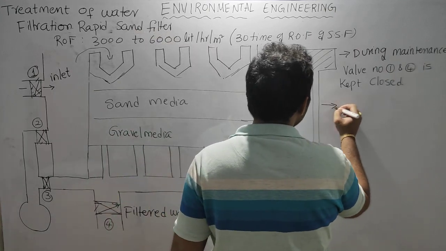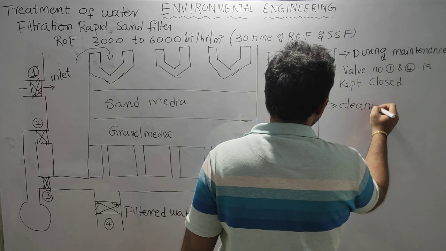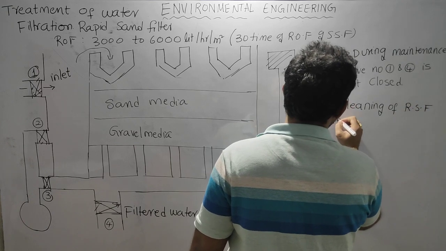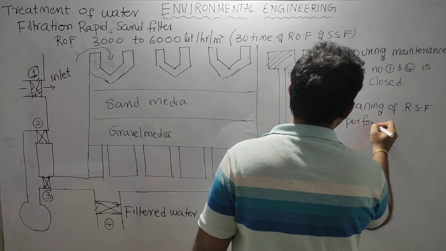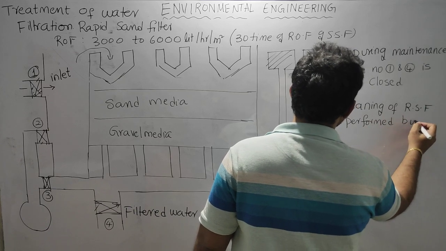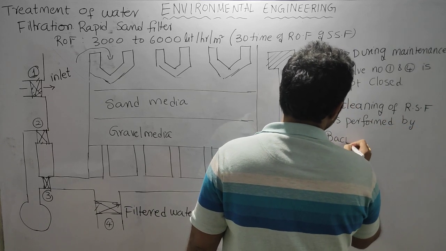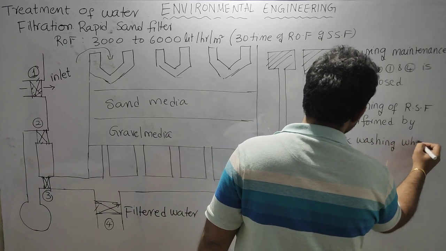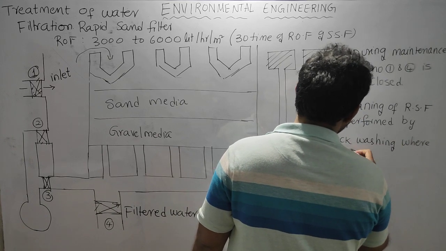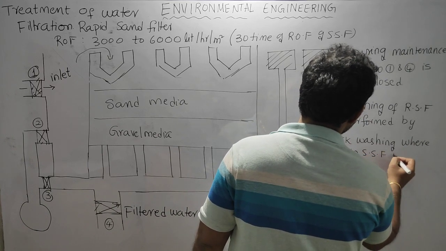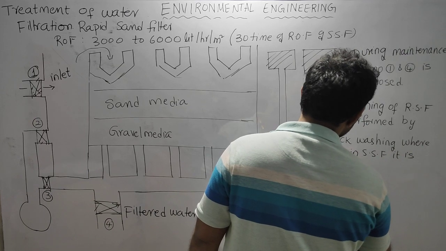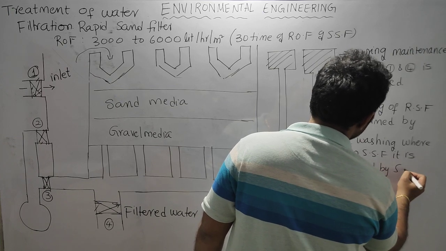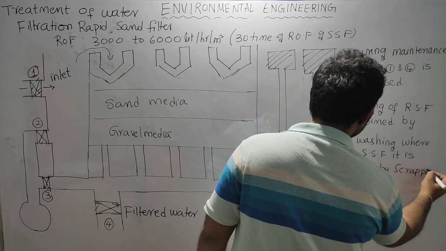Generally, cleaning of a rapid sand filter is performed by backwashing, whereas in a slow sand filter, it is performed by scraping of the top layer.